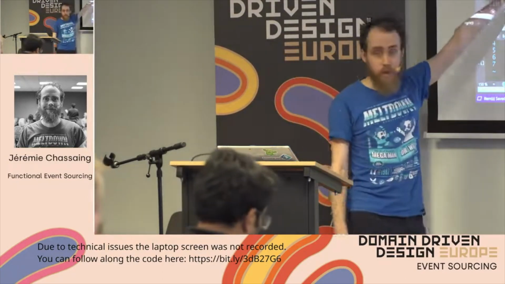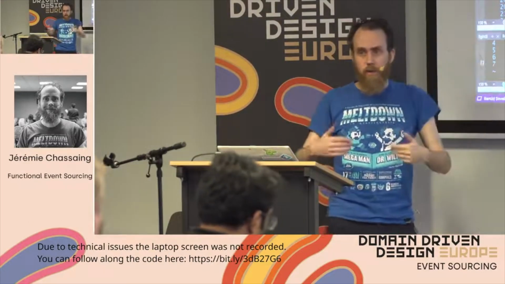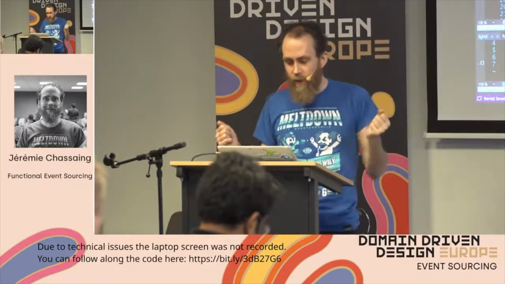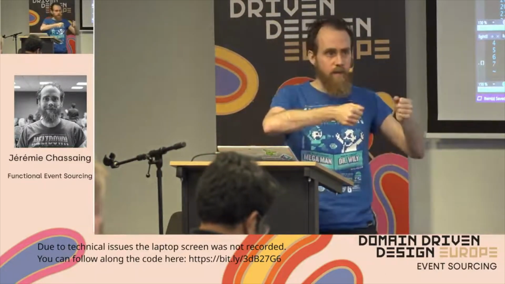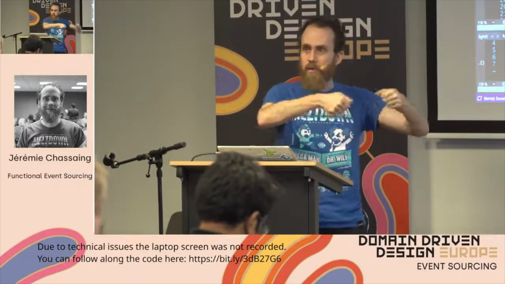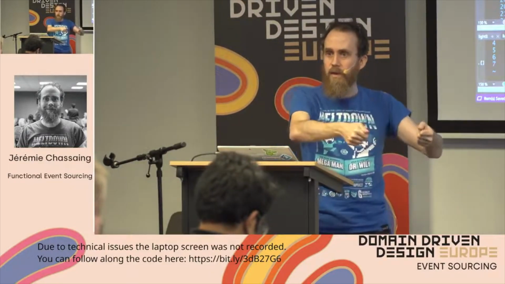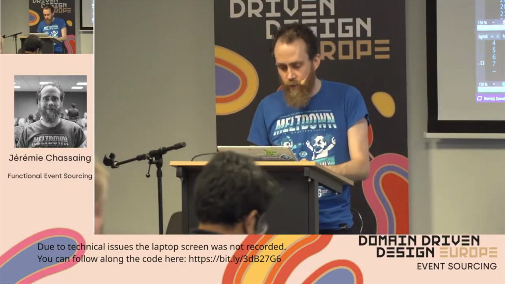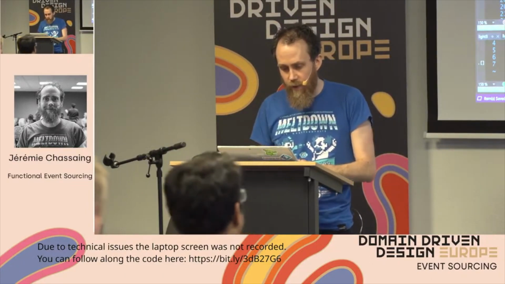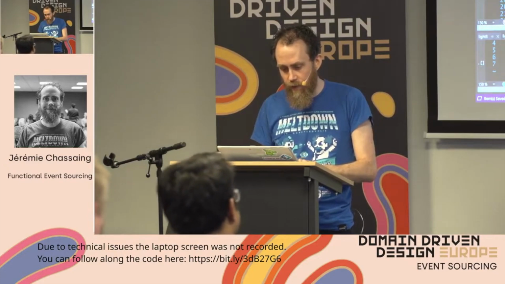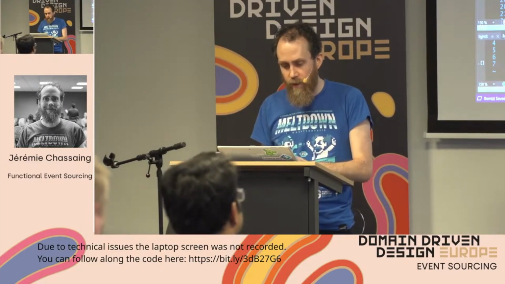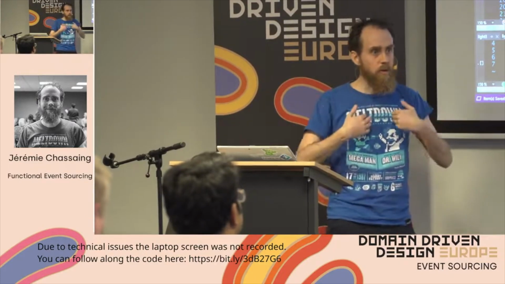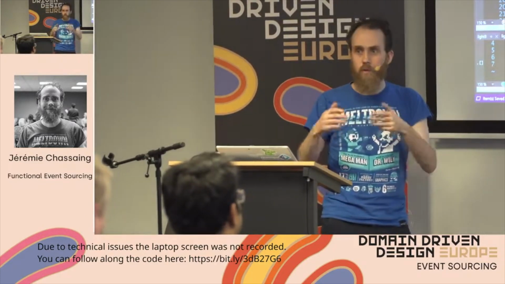So here the small change I did is that when I load, I take my current version, okay? And at the moment I save, I will check that I'm still in this version before actually saving. If it's not the case, I will get an exception, and what you will do is something like try, catch the exception, and here you have the current version, there were a few more events.